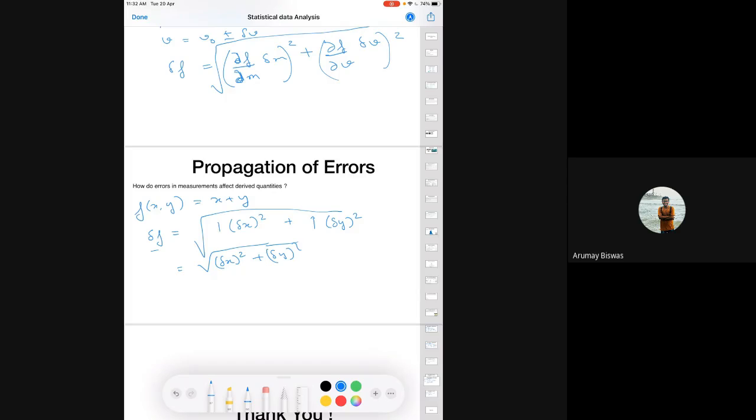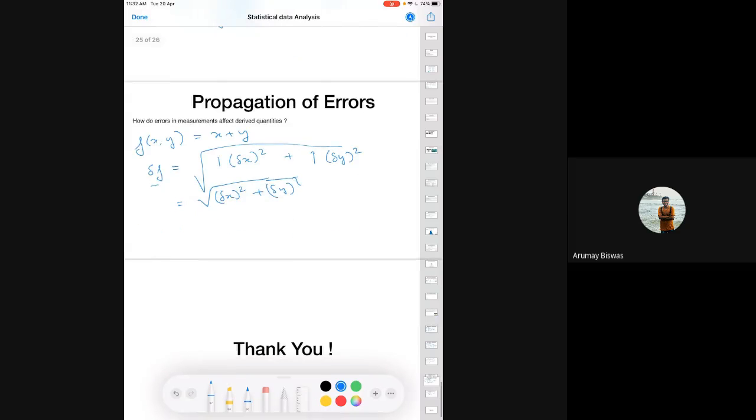And that is why if you go over to the relative error, delta f by f, you will get a more symmetric expression which is easily extendable to a larger number of variables. So that is why the formulae for multiplication and division are reported in terms of the relative errors.